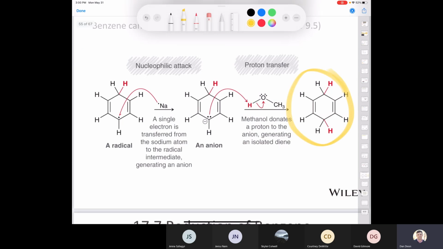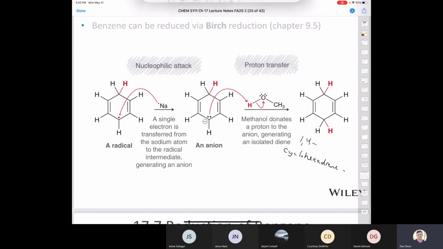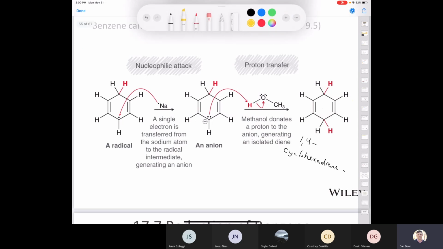And so we're going to end up with the 1,4-cyclohexadiene molecule, right? So the reason that they color-coded these hydrogens, highlighted them in red, is so that you knew they came from the methanol molecule. So that's where the protons come from in the Birch reduction.